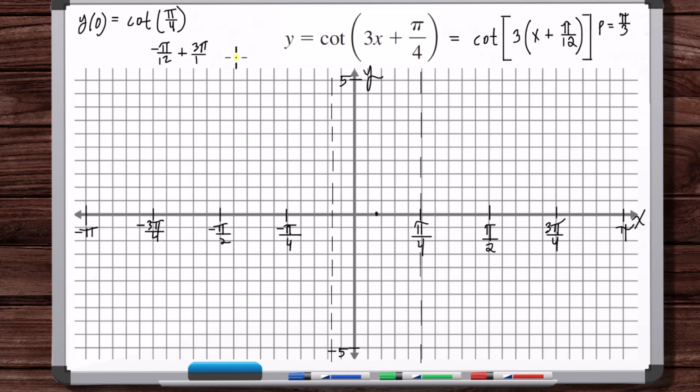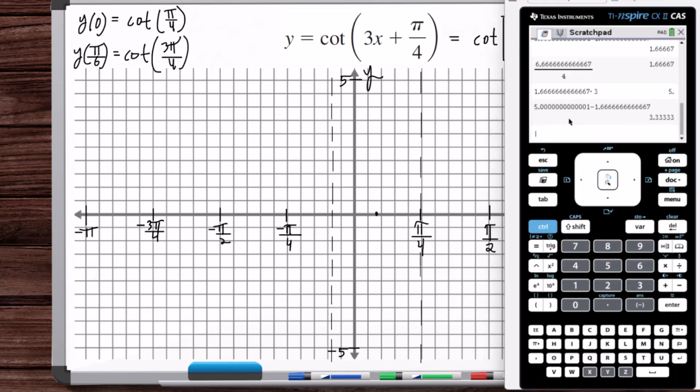Okay, so y of pi over 6 is cotangent of 3 times pi over 6, which is pi over 2. So pi over 2 plus pi over 4. So pi over 2 is 2 pi over 4. So it's going to be 3 pi over 4. All right.